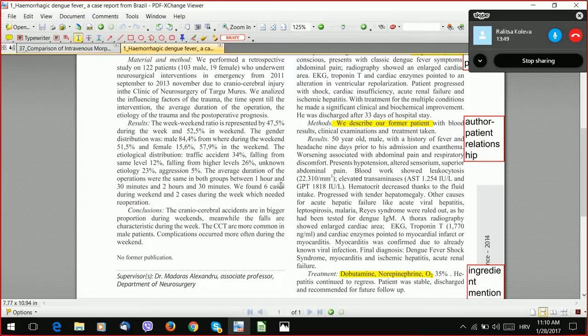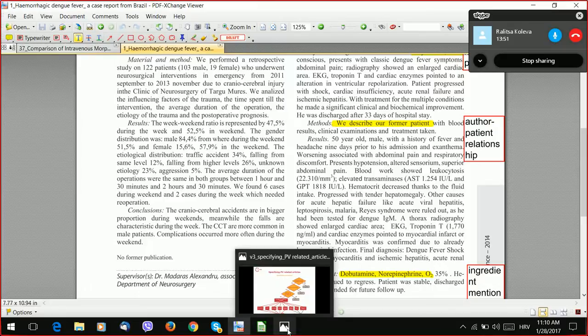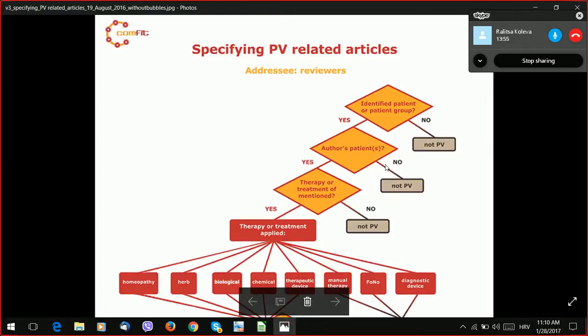And if you cannot identify a patient-author relationship, then you cannot categorize the article as PV.